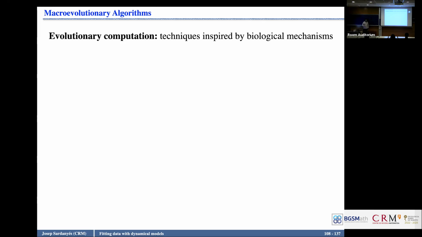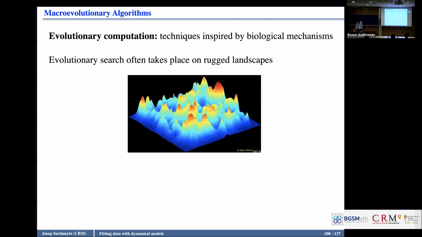Why? Because biology is very wise. Thousands, millions of years of evolution, of tuning, of adaptation, and we can do it very fast with a computer. We don't need to wait 3,000 million years.